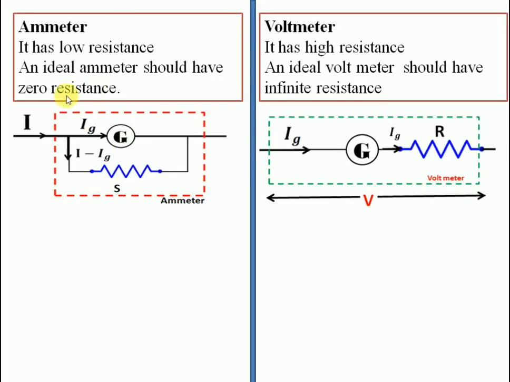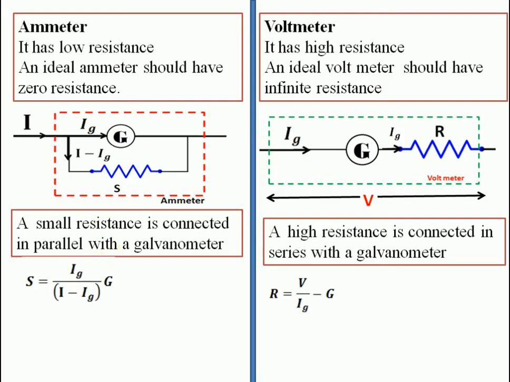So let's see the final summary. To convert a galvanometer into an ammeter, we connect a small shunt in parallel with the galvanometer, and to convert a galvanometer into a voltmeter we connect a high resistance in series with the galvanometer.